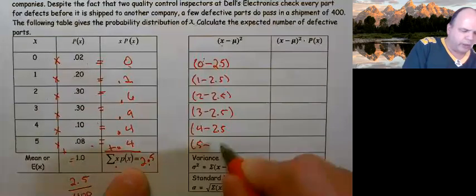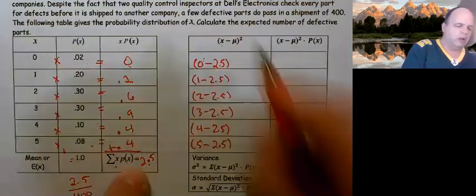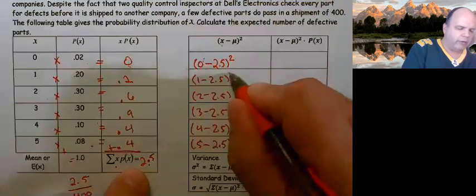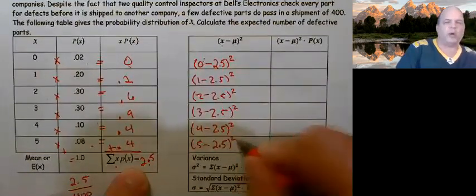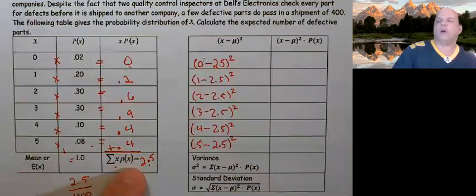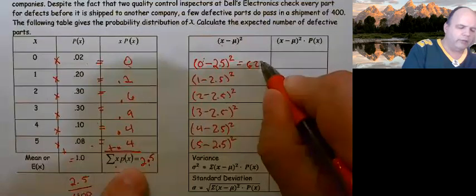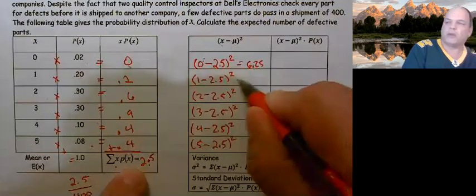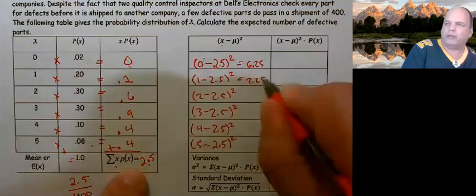So I can just put 2.5 all the way down. Need to put parentheses around it. This is going to be very important to put the parentheses because of what we're about to do. All of these need to be squared. So every single one of these differences has to be squared. So when we square that, I end up getting 6.25. This ends up being 2.25.